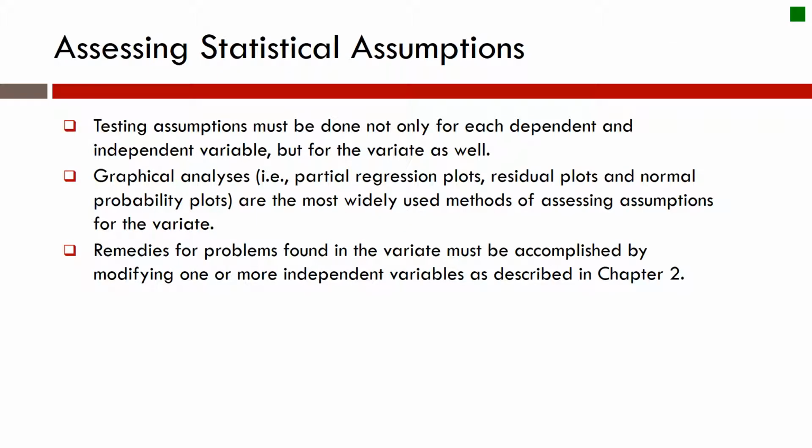So we test our assumptions individually as we're looking at our data to begin with, and sometimes we can correct for nonlinear or non-normally distributed data by transformations. So we'll continue to look for transformation opportunities if there's nonlinear data.